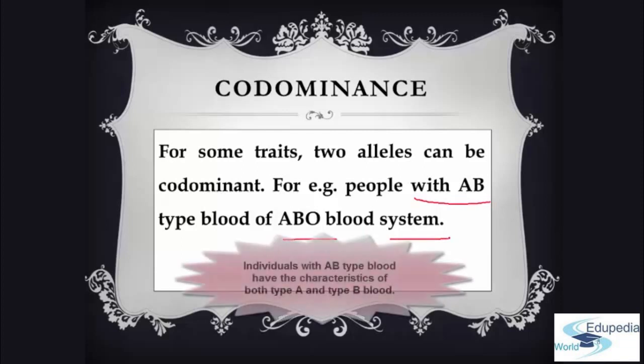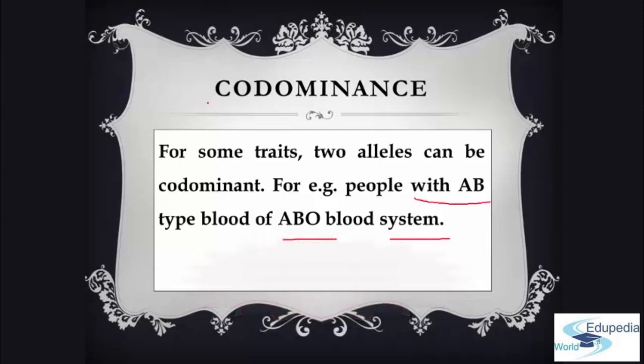When they are tested, these individuals actually have the characteristics of both type A and type B blood. Their phenotype is not intermediate between the two. This is the phenomenon of codominance, which is one of the deviations of Mendel's law.